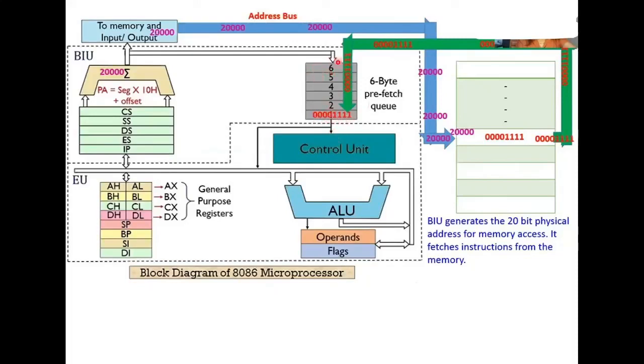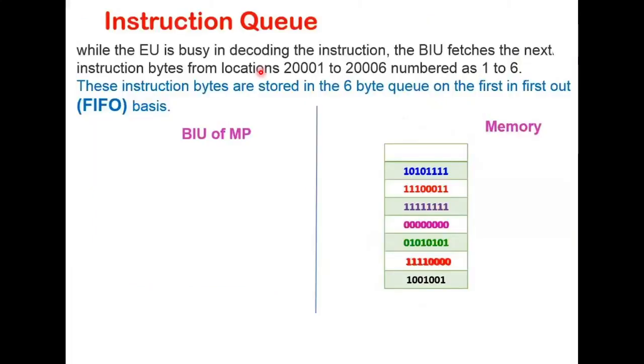So this instruction queue will work like first priority, it will execute the first data in first priority, like that, right? So see this, first we need to know what is instruction queue. See, in this memory some datas are there, okay, and BIU is going to fetch these datas.